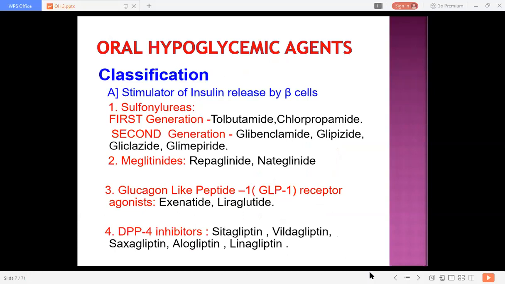Coming to the classification of the oral hypoglycemic agents: stimulators of insulin release by beta cells. We have sulfonylureas, first generation tolbutamide, chlorpropamide; second generation glibenclamide, glipizide, gliclazide, glimepiride.